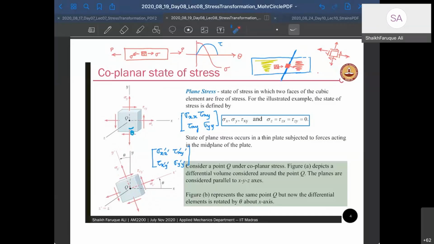These stresses are your new directional stresses, and let us name them sigma x dash, tau x dash y dash, and sigma y dash. The objective is how to find sigma x dash, sigma y dash and tau x dash y dash.